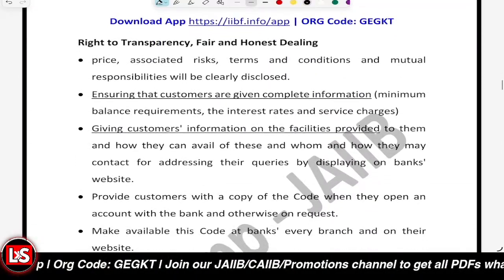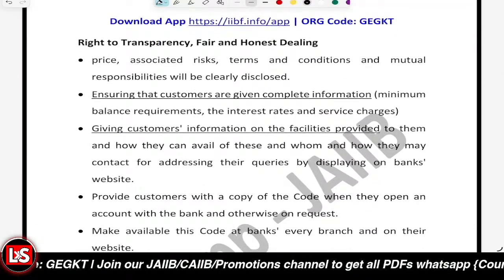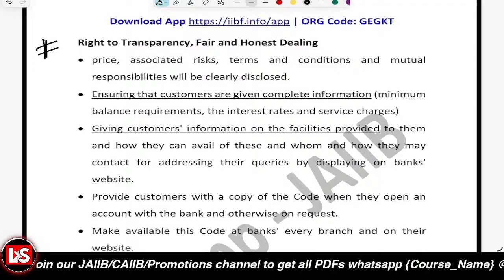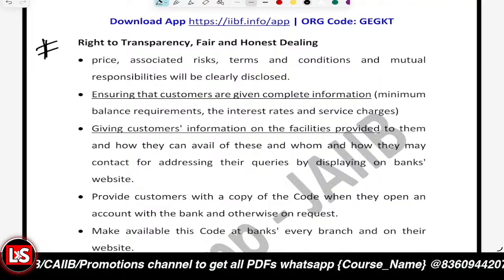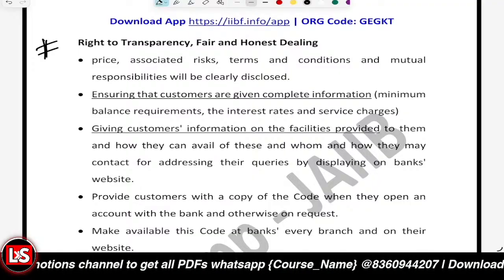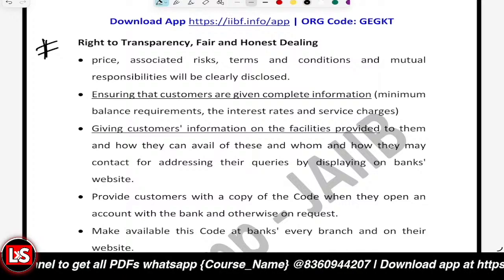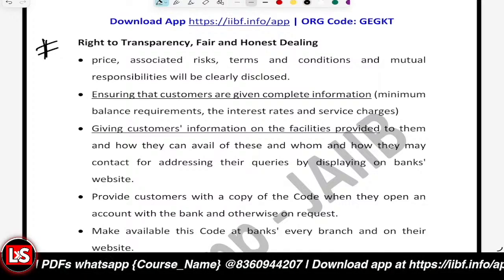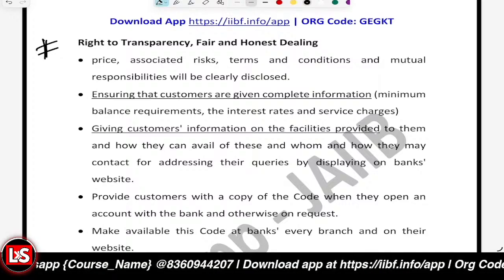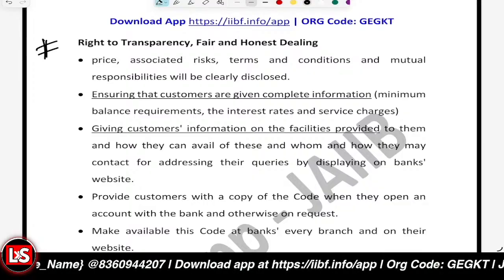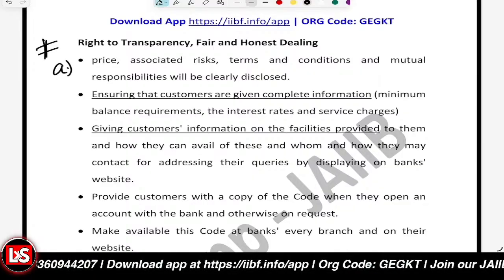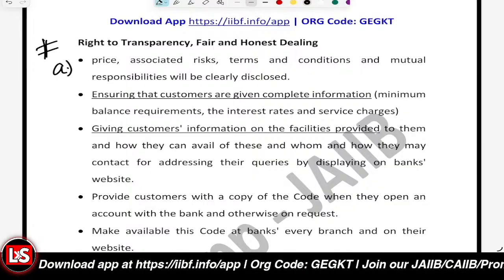The second thing, it's about the right to transparency, fairness and honesty. Like I told you, the ethical standards must be followed. So there should be clear disclosures about the services which are being offered, like related to the price, related to the conditions, related to the responsibilities.